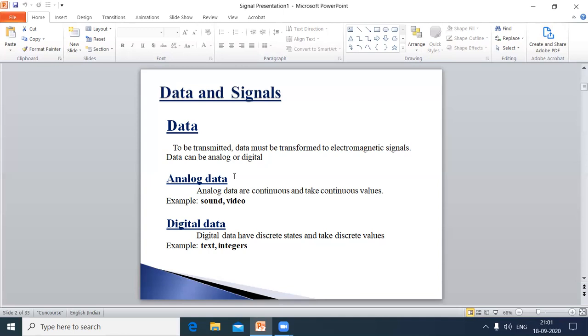In the analog example, this time shows hour, minute, second. In this digital data example, the time is defined only as digital time, that means 11 hour 4 minutes, then increases to 11 hour 5 minutes, that means it becomes 4 to 5. Okay.